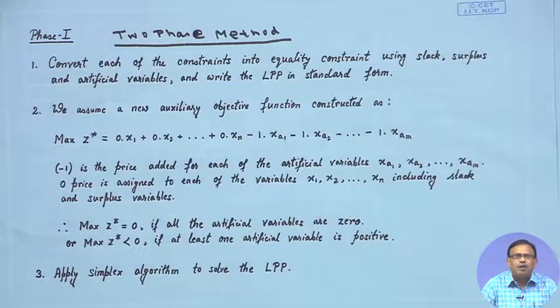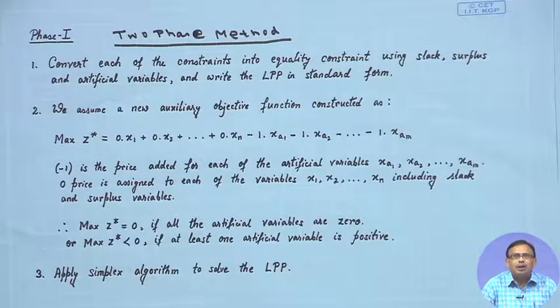Please note this one: step 1 we have already done for the simplex approach and the big M approach. That is, you have been given the LPP in canonical form. From the canonical form, you convert the LPP into the standard form by converting each constraint into an equality constraint with the help of slack variables, surplus variables and artificial variables.